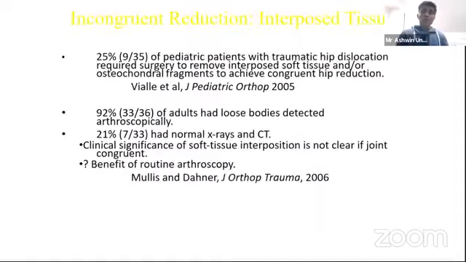An incongruent reduction can cause problems, and mostly in adults, you can have the loose bodies removed arthroscopically. The benefit of arthroscopic reduction is a bit debatable. In my opinion, the jury is still out, and I'm not sure what is the right pattern of treatment.